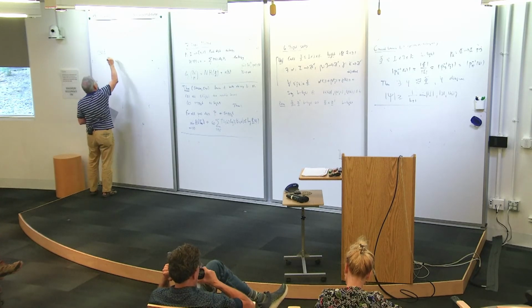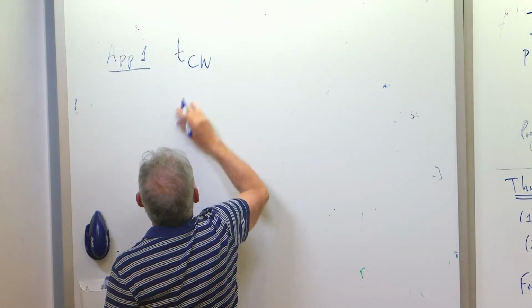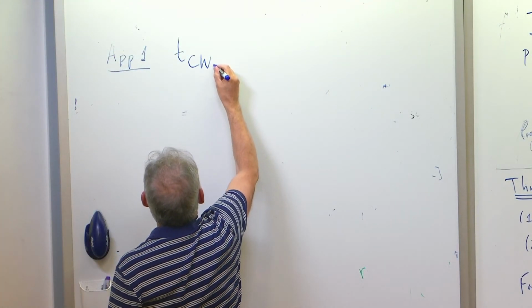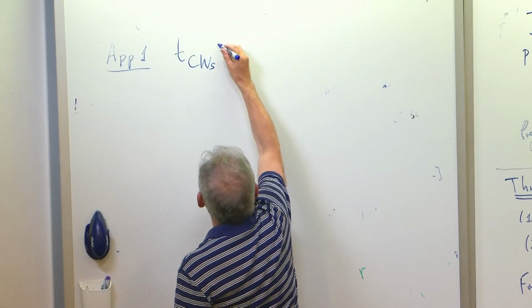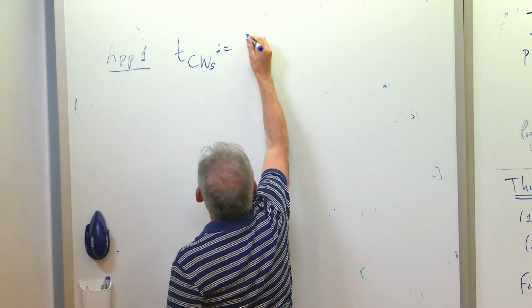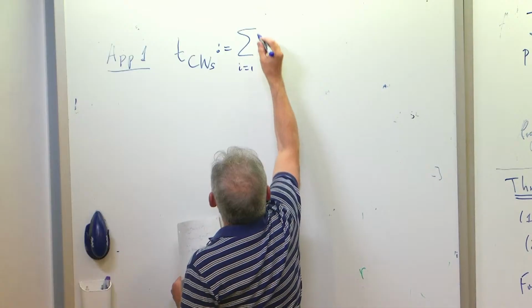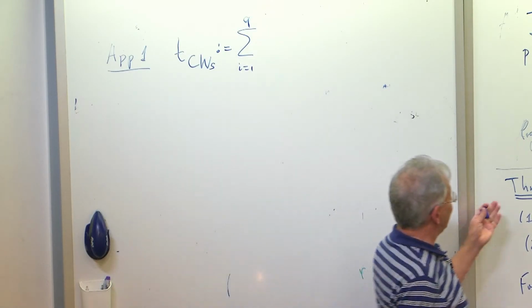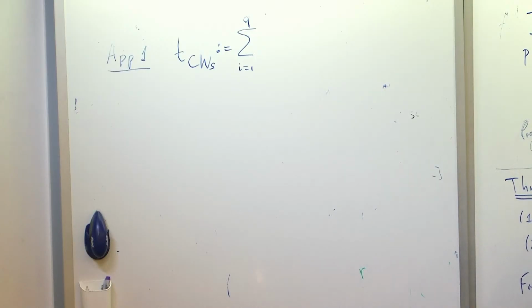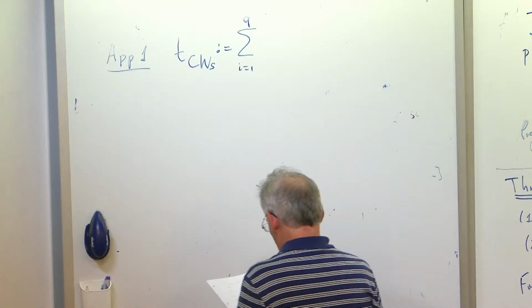People say there is the small Coppersmith-Winograd tensor. Maybe I write T Coppersmith-Winograd small. I don't know whether it's standard, but let me write it. It's this tensor. Because, of course, if you want to apply this principle, the question is how to choose this T, and how to choose the decomposition. And this is where it is very difficult.